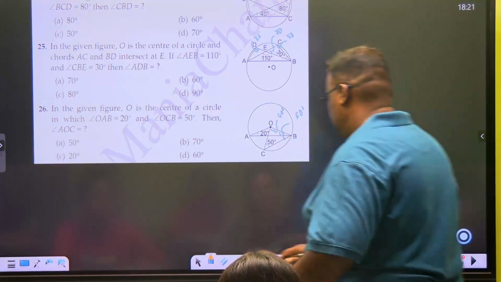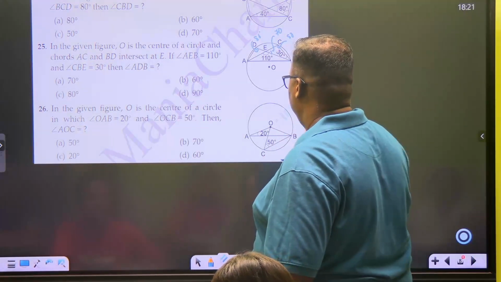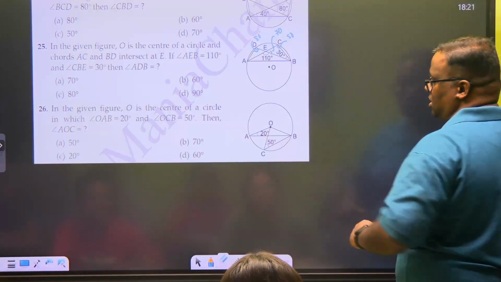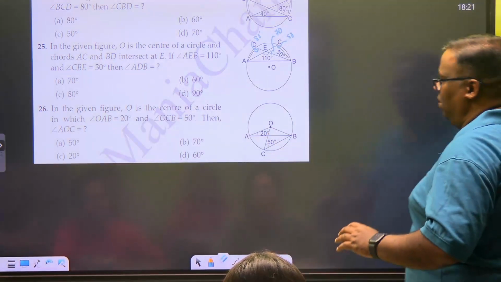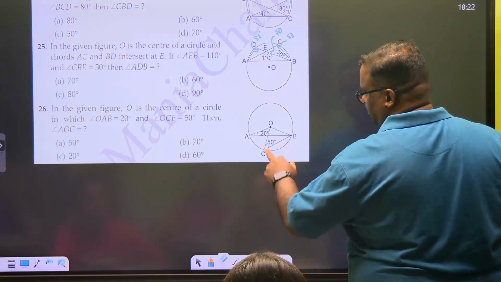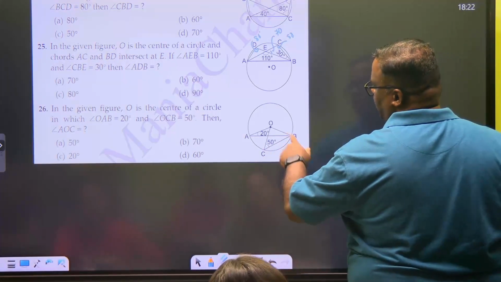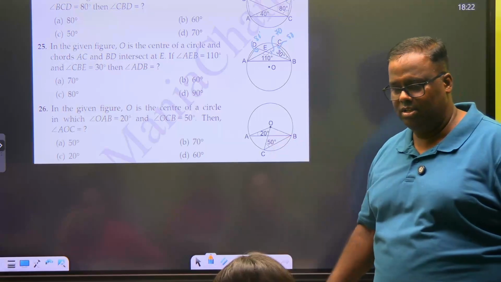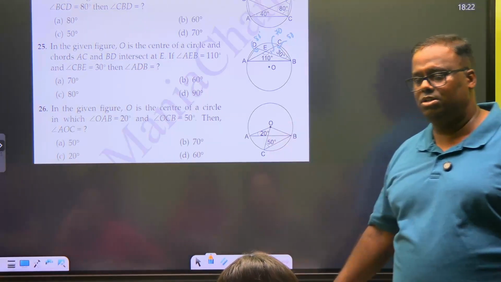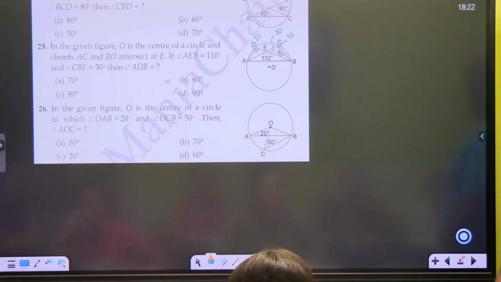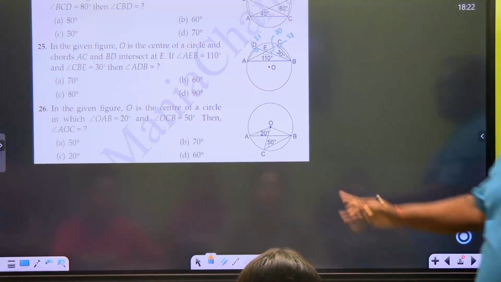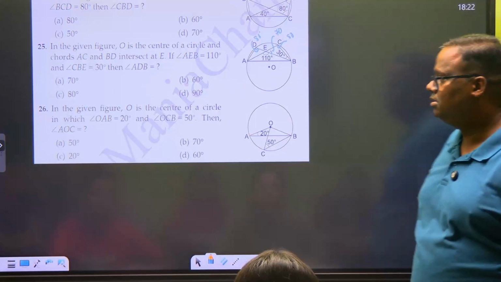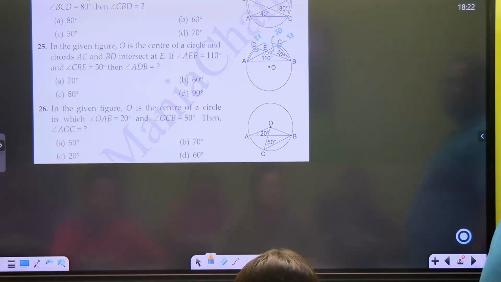आंसर क्या है? You need to find out complete AOC, correct? One way to find out AOC is, so this will be 20. Isosceles है ना? 20, 20 is 40. Then the remaining part should be how much? 140. Consider triangle OAB. But they have asked you angle AOC.